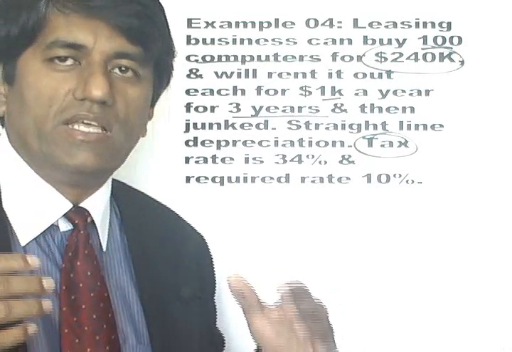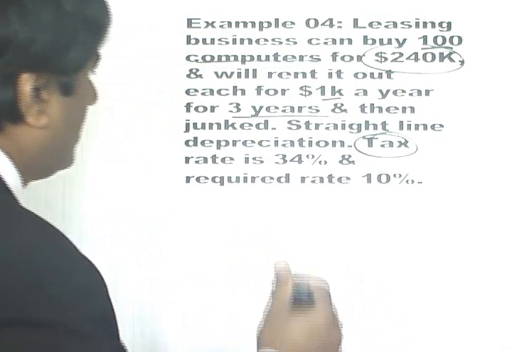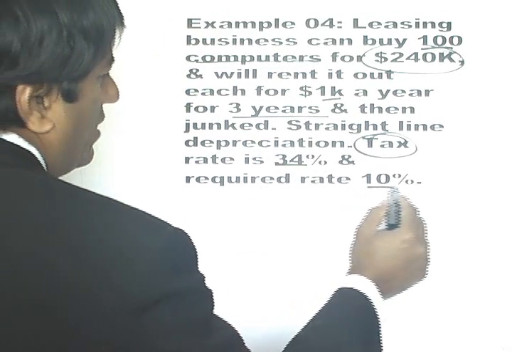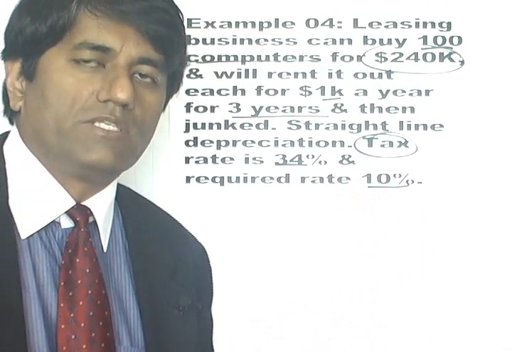The depreciation is straight line, and that has tax implications. The tax rate is 34% and the required rate of return is 10%. So the question is, what is the NPV of this project?